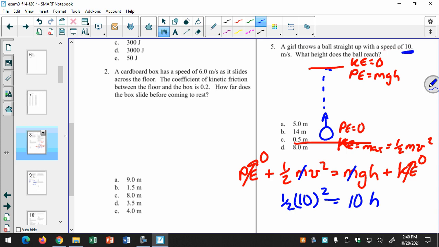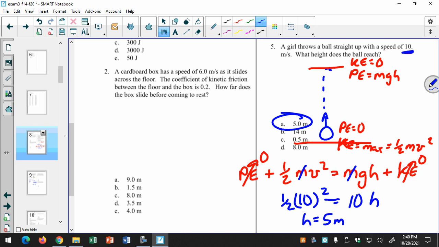Half of 100 is 50 divided by 10, so h is equal to 5 meters. So A is the right answer. That's just like the bead problem, or the roller coaster problem, but just framed in a slightly different way.